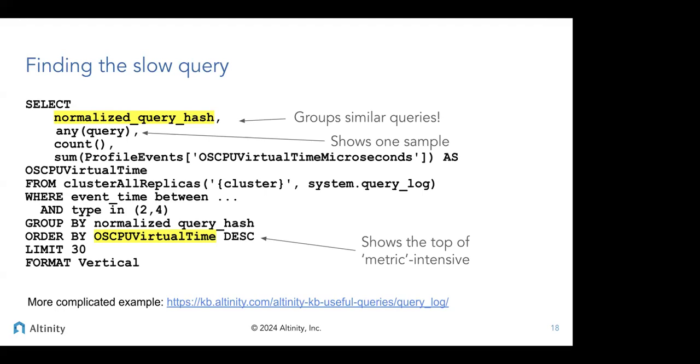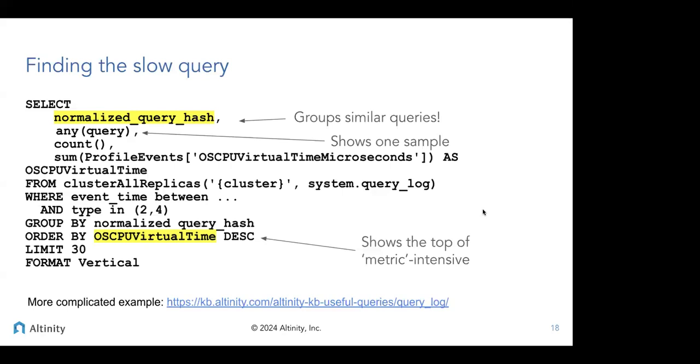Sometimes it could be a single query executed once which creates a problem, or it could be a query where every single execution is very fast, but the number of those queries is very high. Once you group by that normalized query hash, you can compare both. You'll see together the query which was executed once and burned, say, one hour of CPU time, along with a query which was executed one million times and also burned one hour of CPU time.